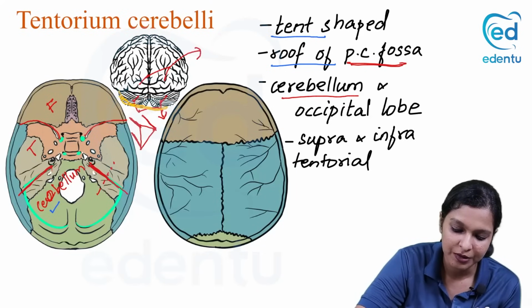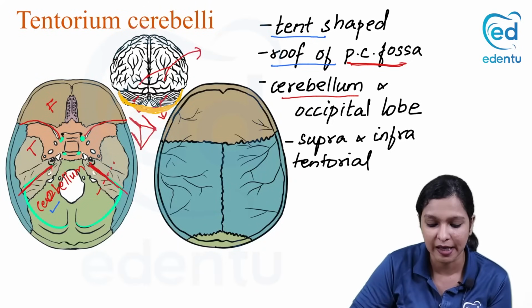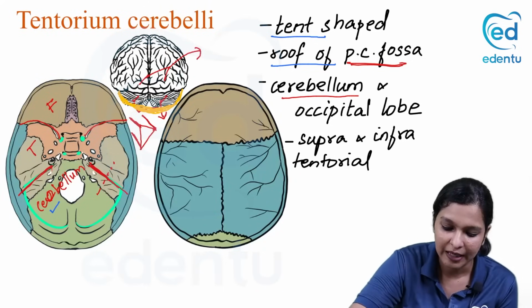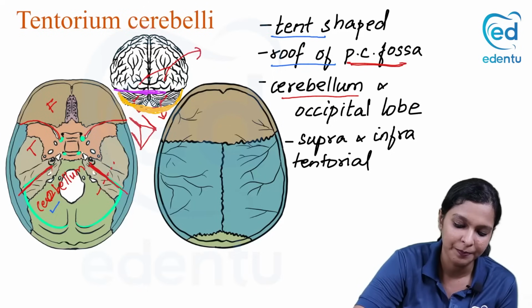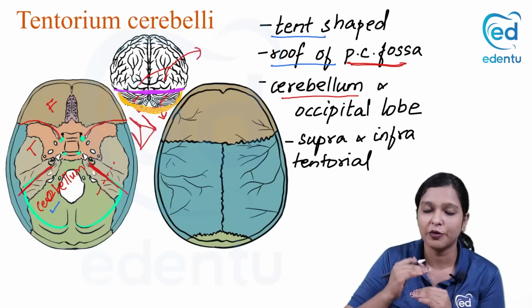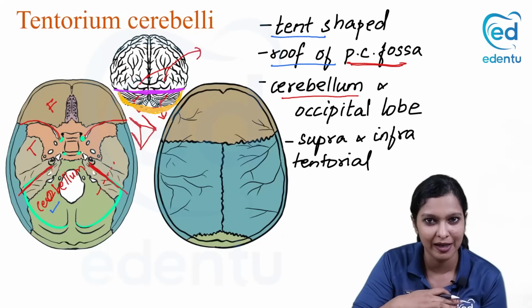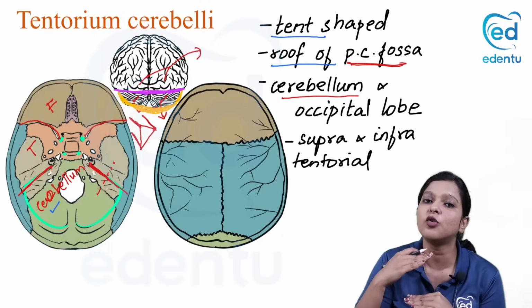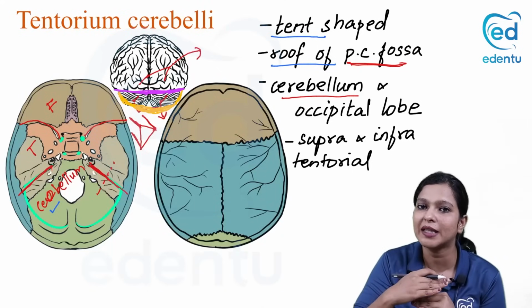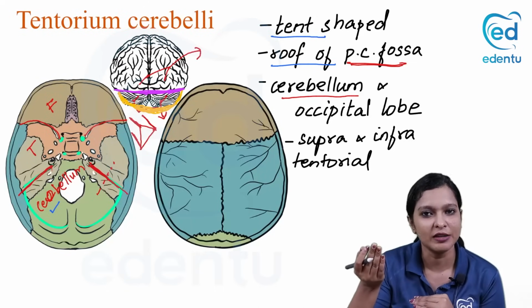Let's assume this to be the bony part of the posterior cranial fossa. Immediately above that we have the cerebellum, and above that we have the tentorium, and further above that we have the occipital lobe. So from below above, posterior cranial fossa in which the cerebellum is resting, the roof of the cerebellum is formed by the tentorium cerebelli, and above that is the occipital lobe.